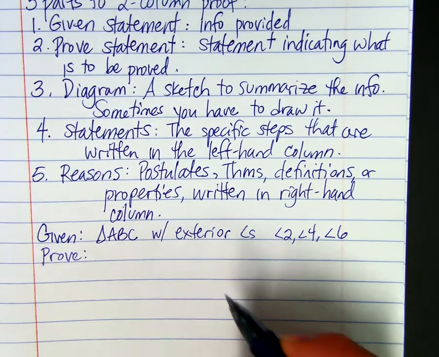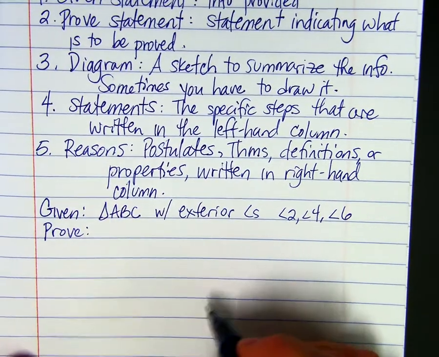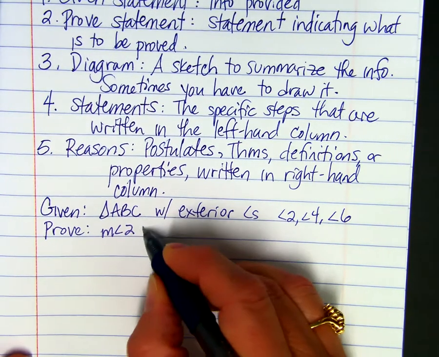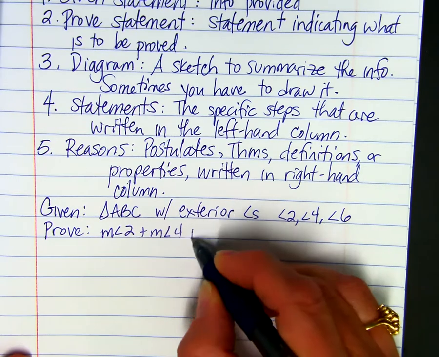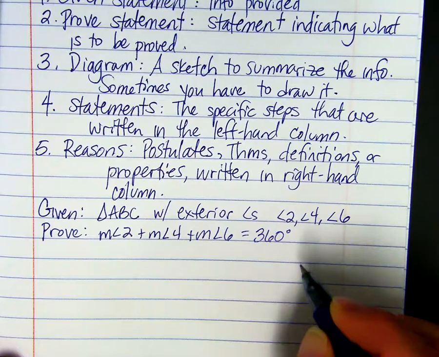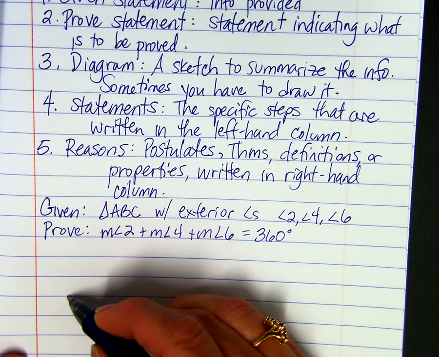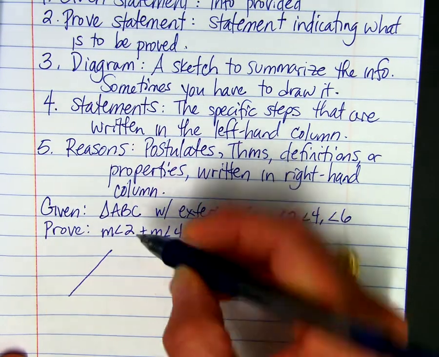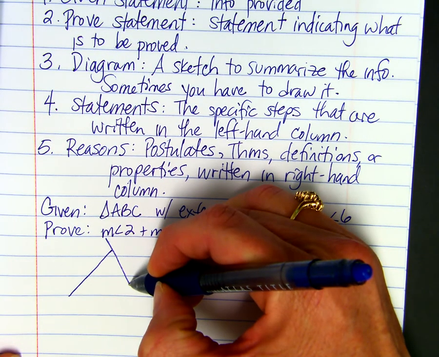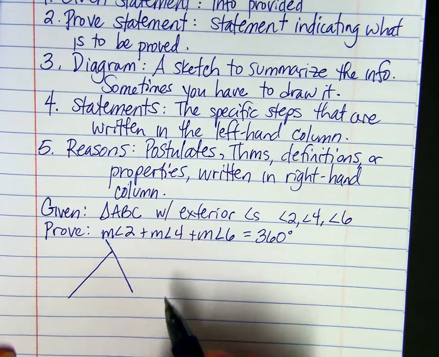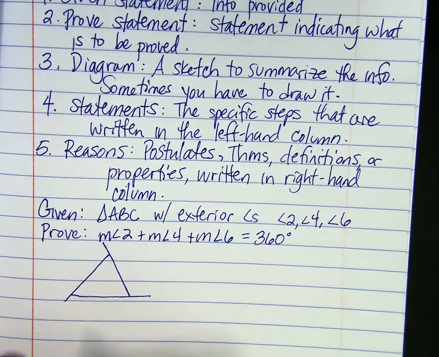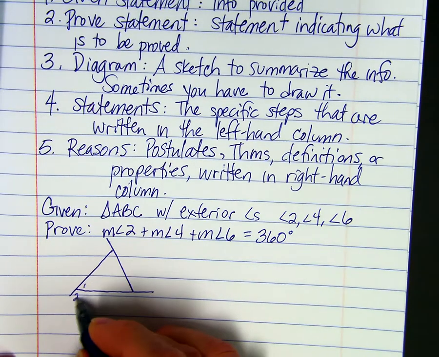With this one there's actually going to be a sketch, so we'll draw that after I write what to prove, that the measure of angle 2 plus the measure of angle 4 plus the measure of angle 6 equals 360 degrees. So we're going to have this triangle that has exterior angles. We'll have 1, 2, 3.